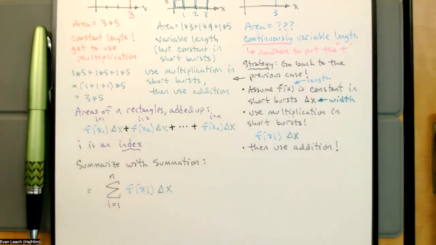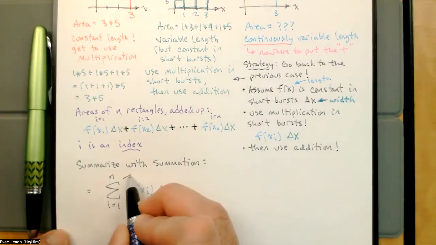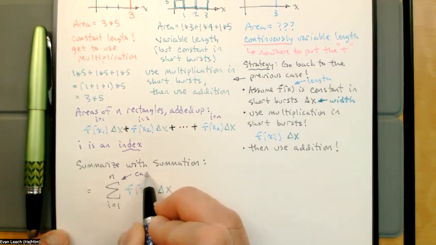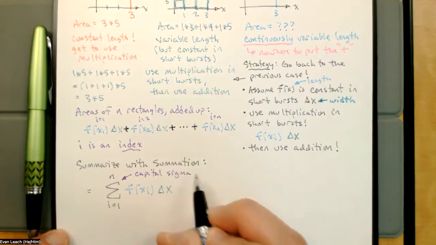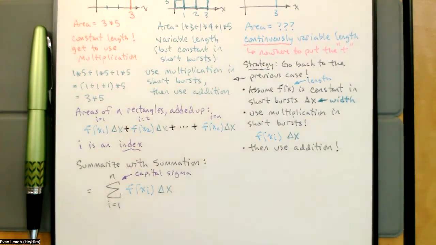We could read this sigma. We use a capital sigma for a sum. And so we say the sum as i goes from 1 to n of f at xi times delta x.